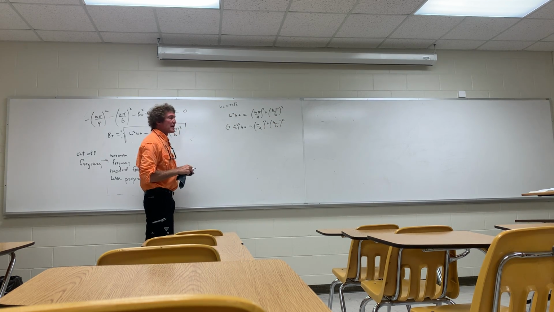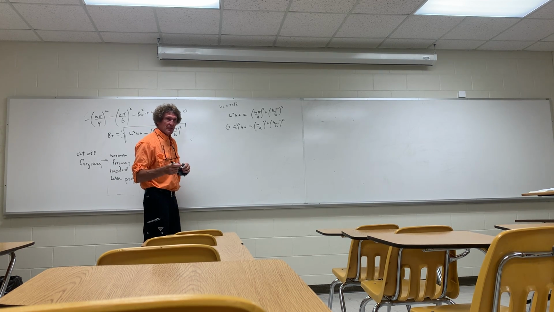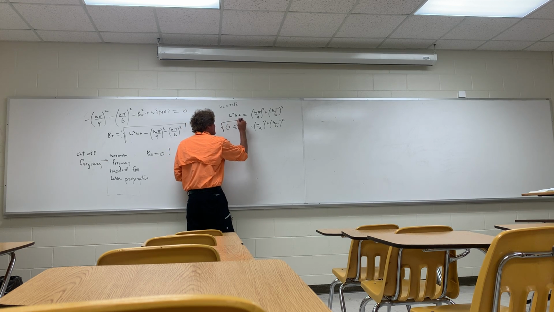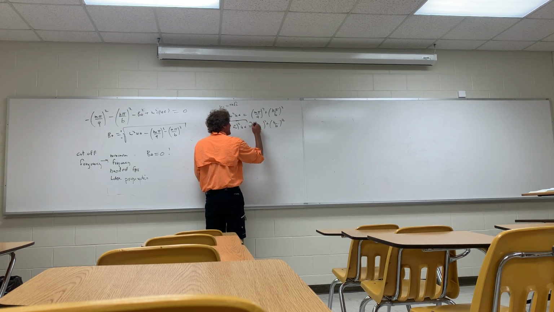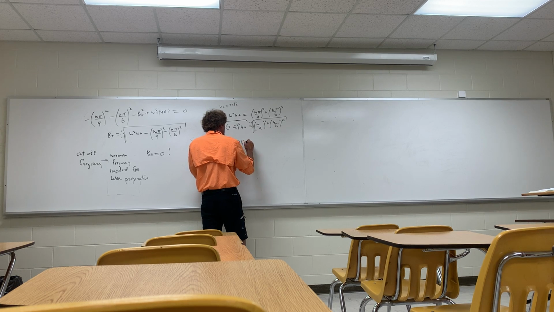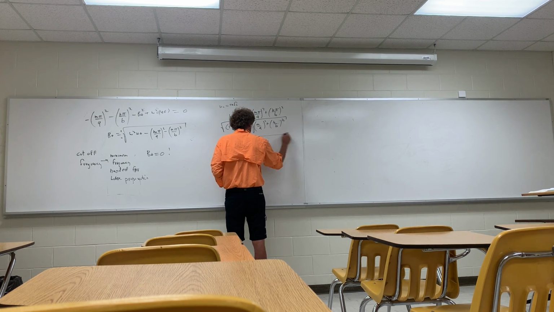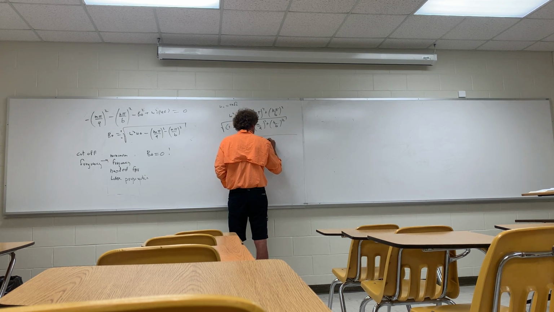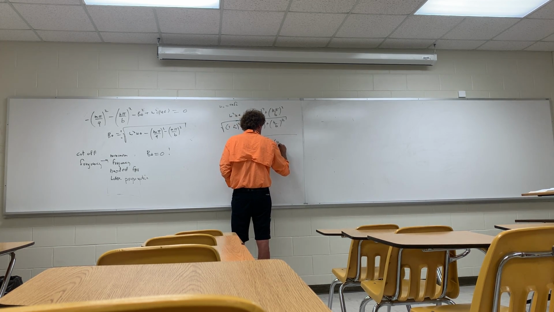Now, if I manipulate this, I can take the square root of both sides. So I'm going to take the square root of everything here and here. And that means I have 2 times the square root of mu epsilon times fc is equal to the square root of (m over a) squared plus (n over b) squared.